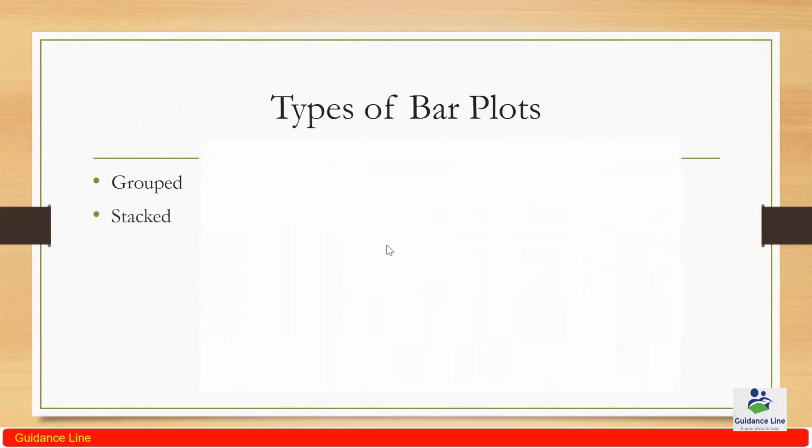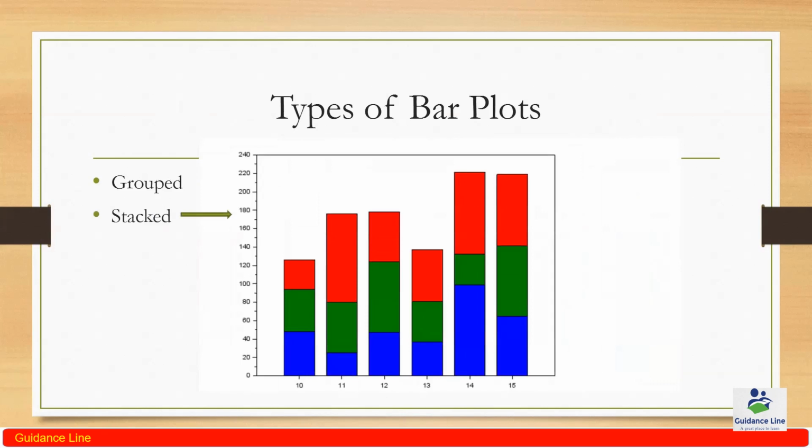Similarly, in a stacked bar plot, we have one bar, and we divide it into three parts according to the numbers gained in the subjects. As I have already told you, roll number 11 has the maximum marks in arts, so the red representation for roll number 11 is very large compared to mathematics, which is very low.